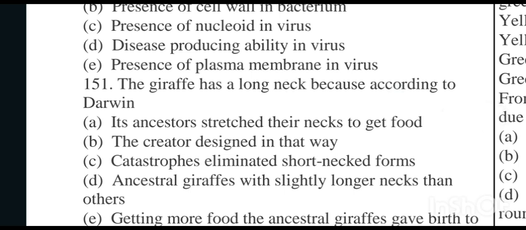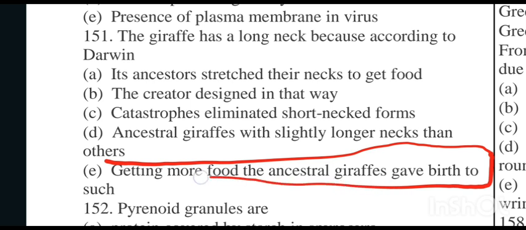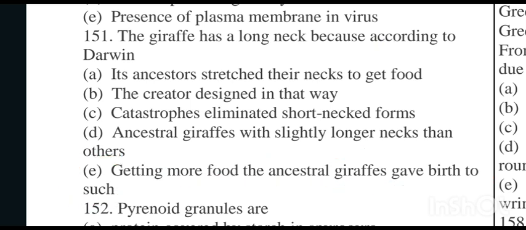According to Darwin, the long neck of giraffe evolved because giraffes with slightly longer necks had a better chance of reaching the food sources that were present in higher trees. So here the correct answer should be getting more food. The ancestral giraffe gave birth to such giraffes. Okay. Next question.